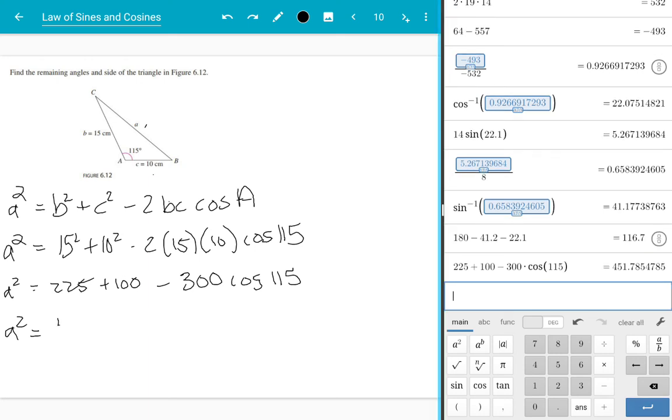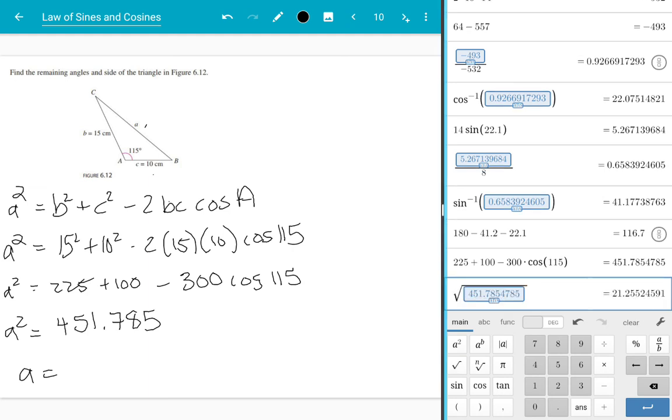So we get 451.79, and then we're going to take the square root of our answer here, and we get 21.3. All right, so that's going to be the length of A. Again, now notice that since angle A is definitely the largest angle in the triangle, then side A should be the largest side, which is true. All right, so 21.3 centimeters is going to be the length there.